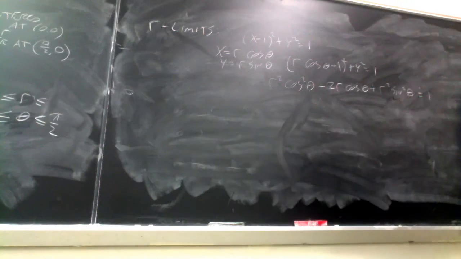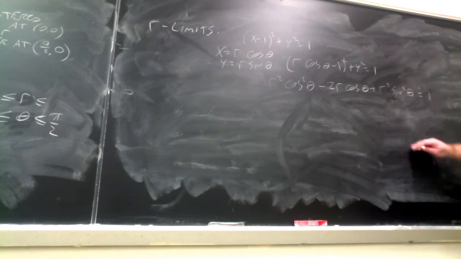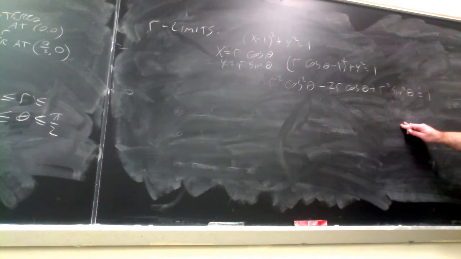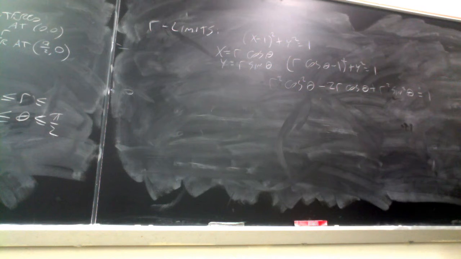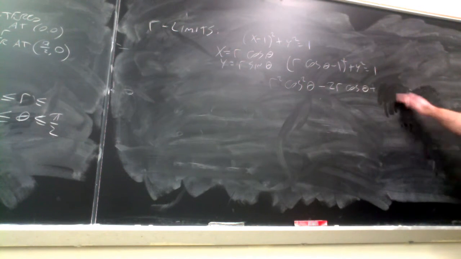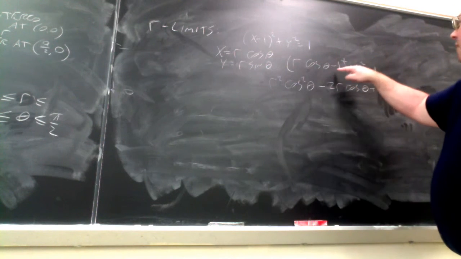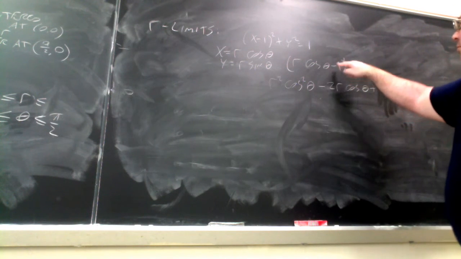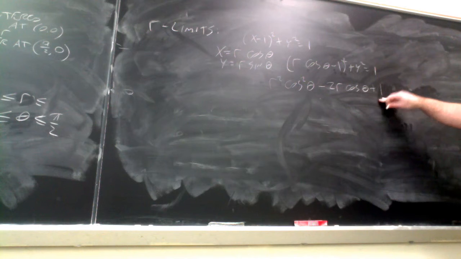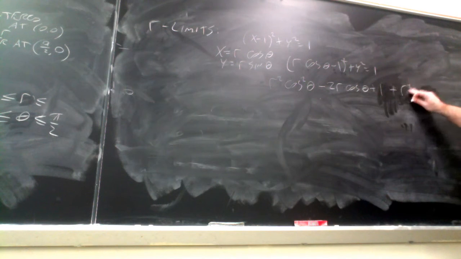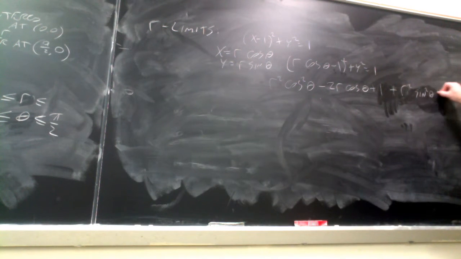Oh, what did I forget? When I multiply this out, I missed something. Yeah. So this squared minus this time twice this times this plus that squared. So I need that. Then I have r squared sine squared theta is equal to 1.